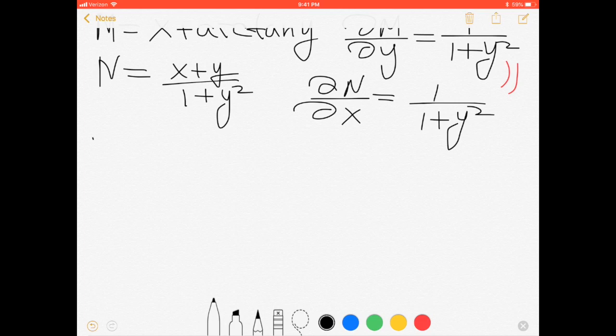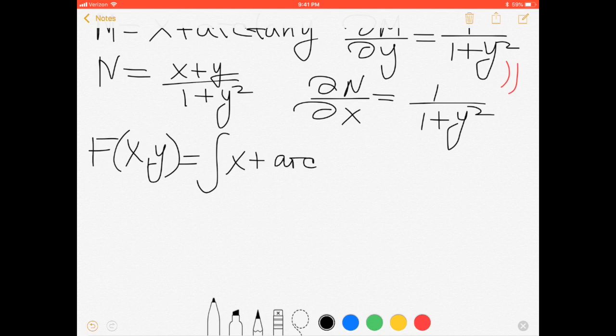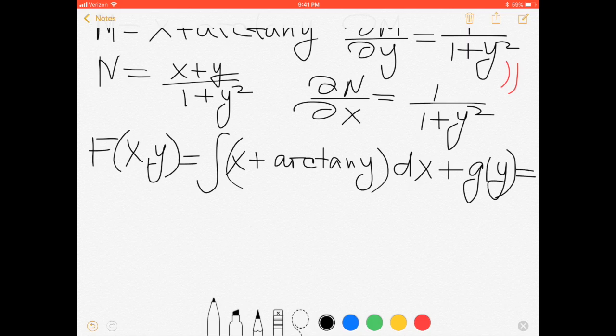Okay? What is our F? It will be equal to the integral of x plus arctan y, dx, and plus some function depending only on y.